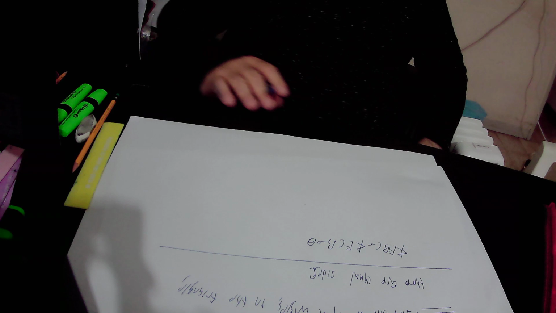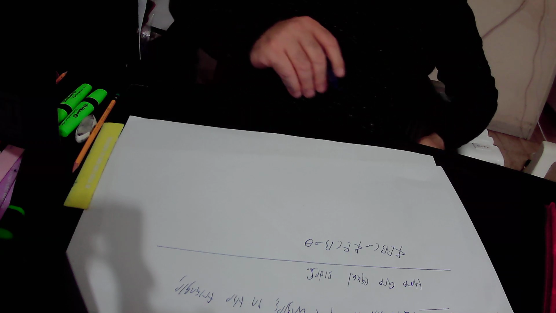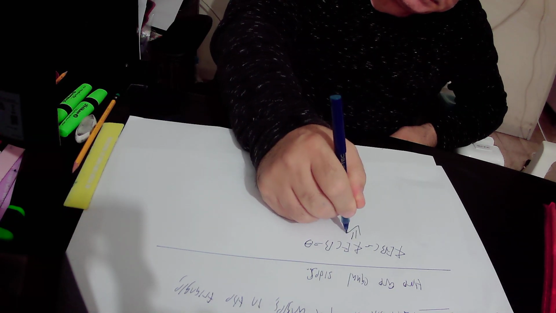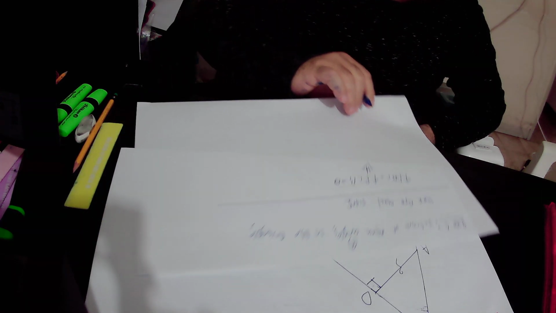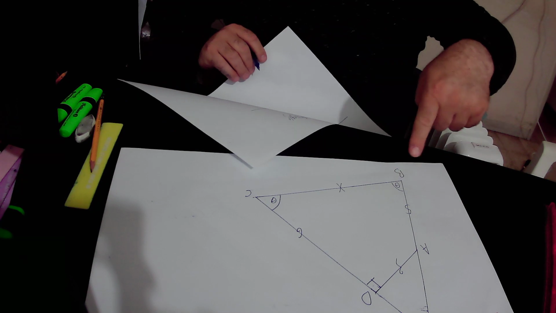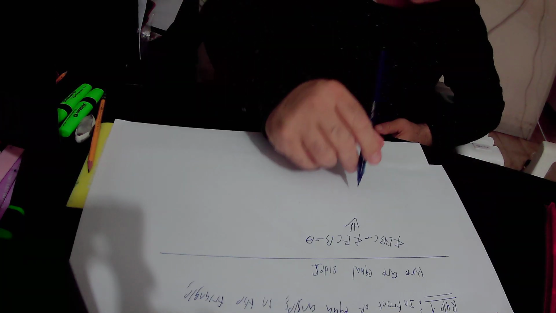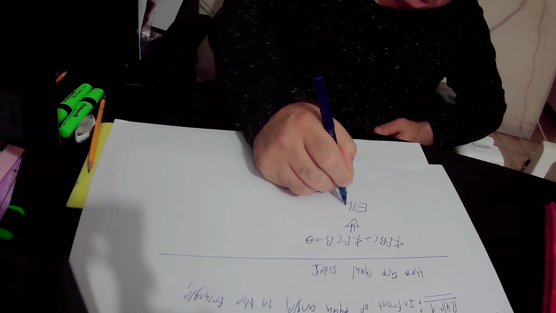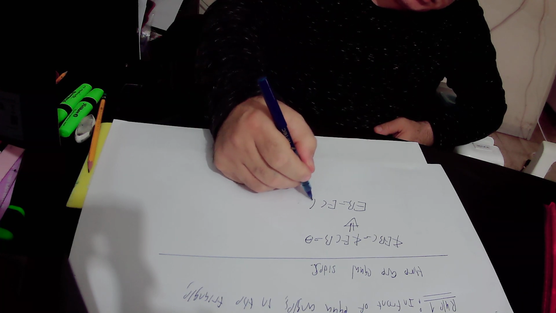I repeat again, angle EBC equals angle ECB equals theta according to what is given in the question. Therefore, we can conclude from it that according to rule number 1, side EB equals side EC. According to rule number 1, of course.